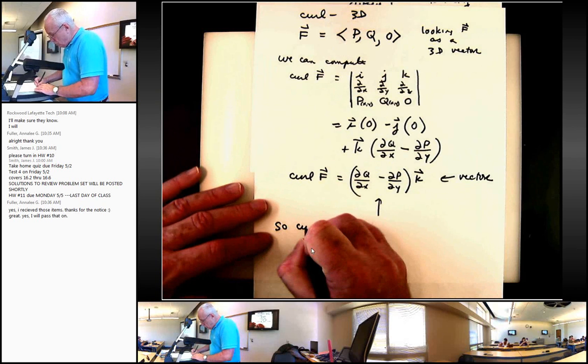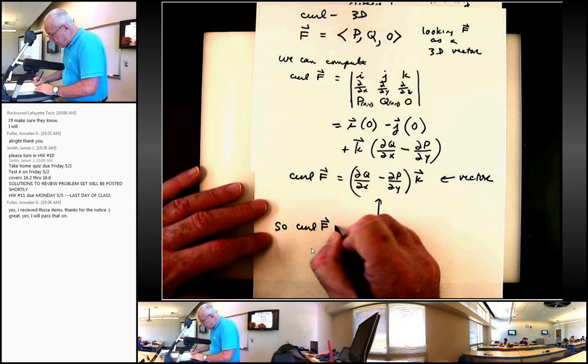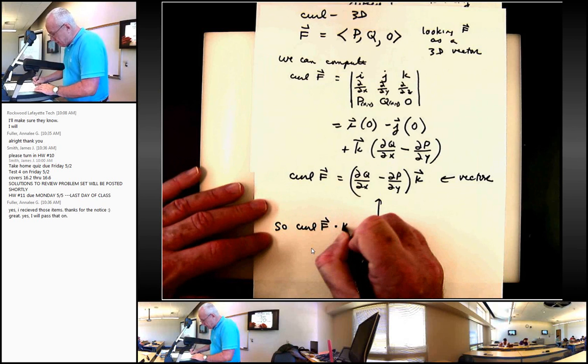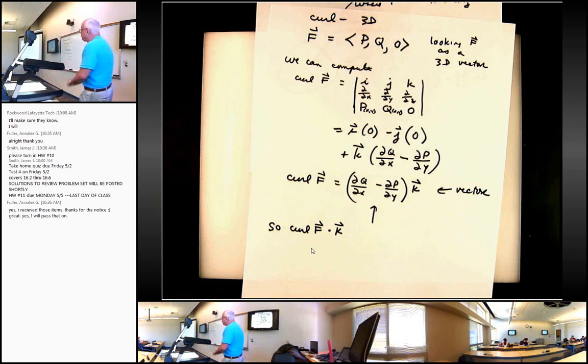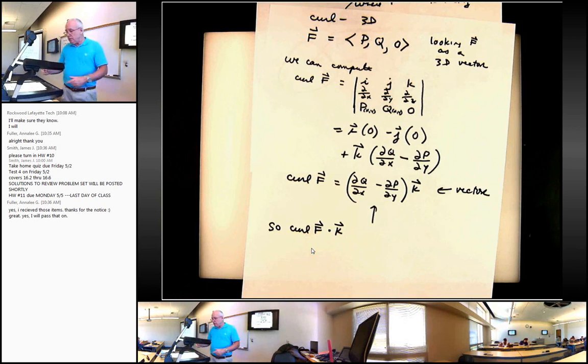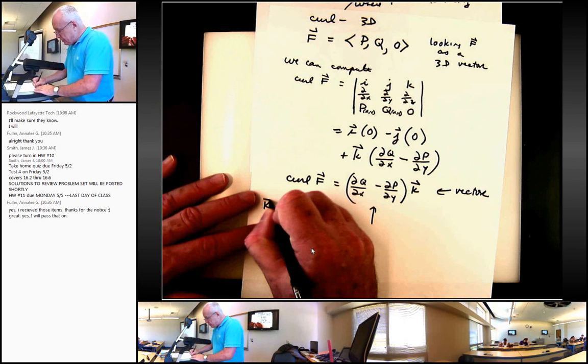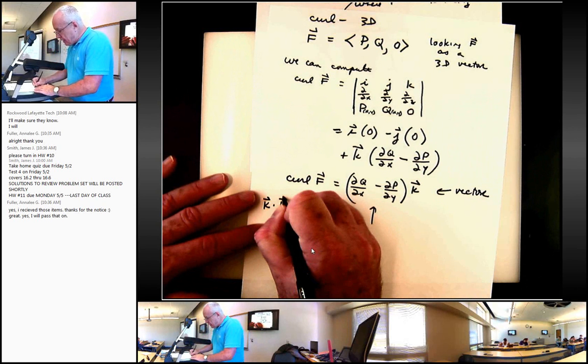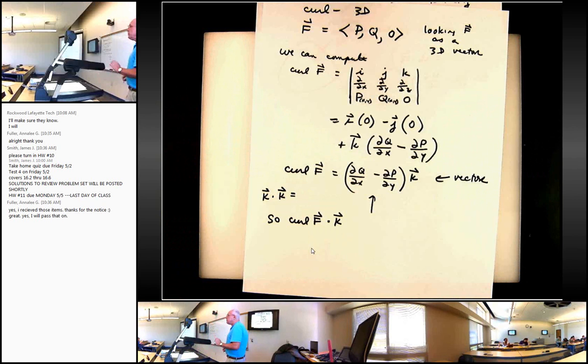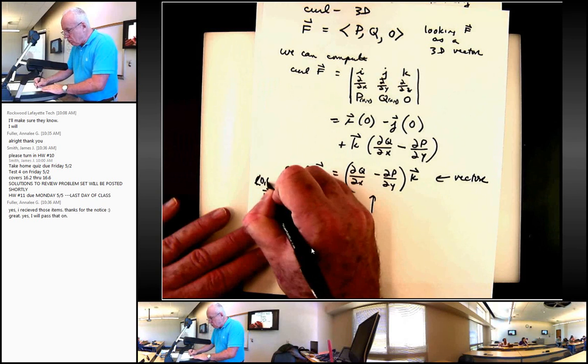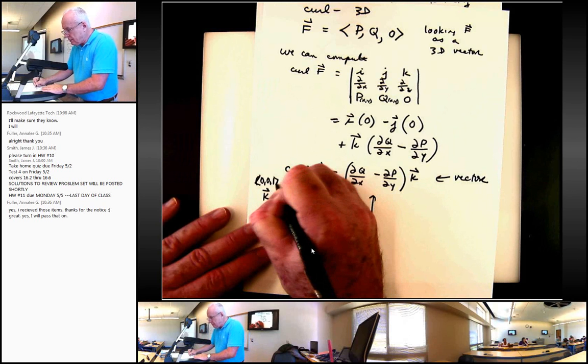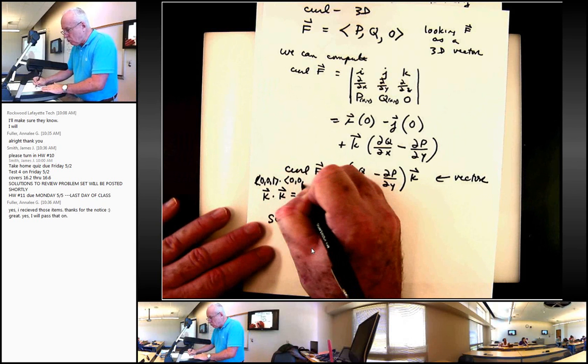So curl of F, if I dot product it with the vector k, well, k is a unit vector, what is the vector k dot product with itself? What is that going to equal? Remember, this is 0, 0, 1, dot 0, 0, 1.